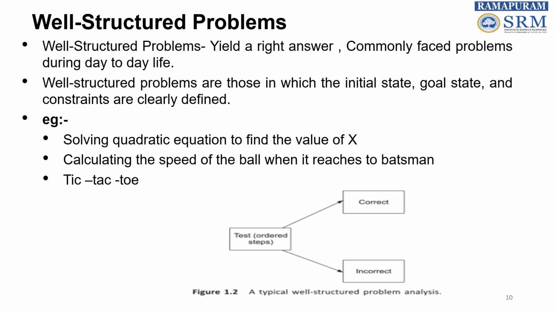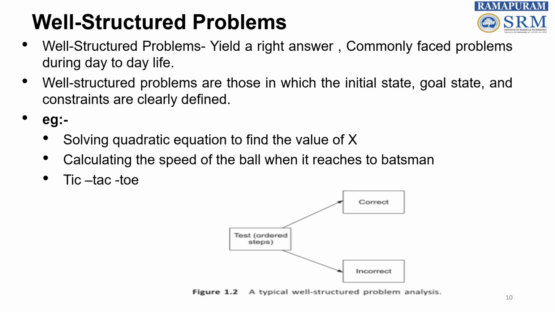A well-structured problem will have ordered steps. The structure is clearly defined. That means the problem state is clearly defined, the initial state and the goal state. The goal state is that I should get 3 X's either row-wise, column-wise or diagonally. So the goal state is known, and what are the constraints?